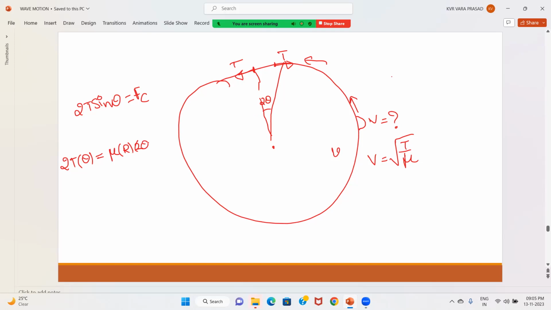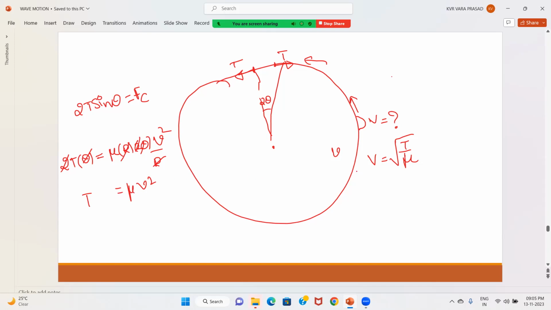This is the arc length, into mu gives mass m, times v square by r. Then see what is the tension. So 2 theta gets cancelled, r gets cancelled. So T equal to mu v square.